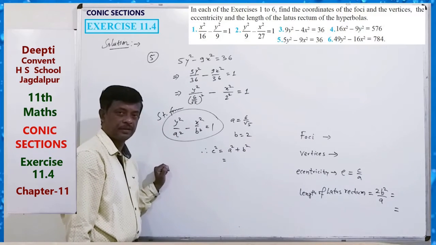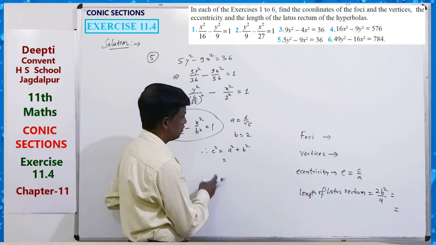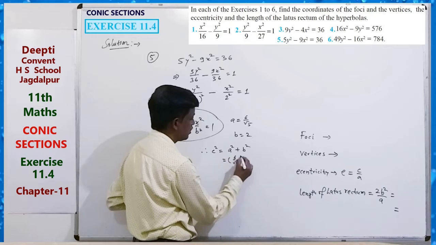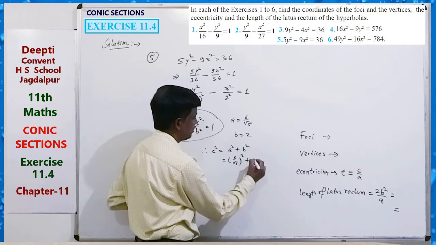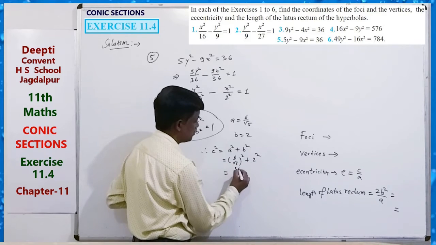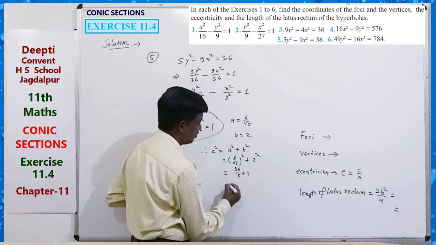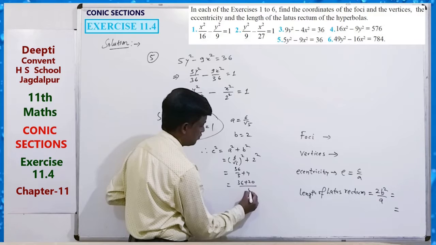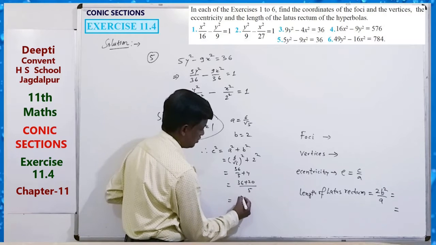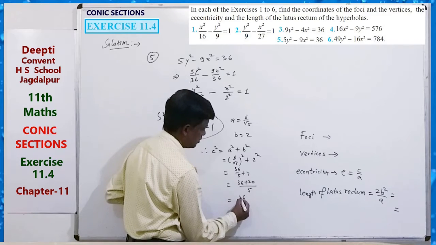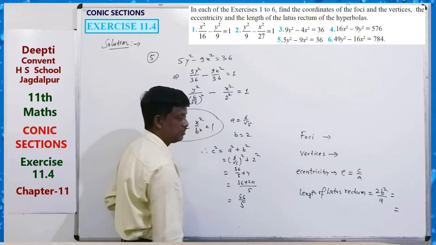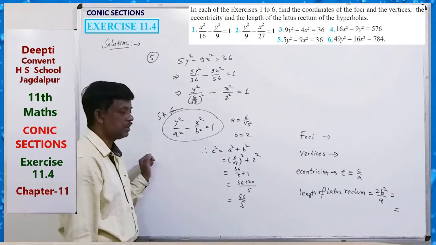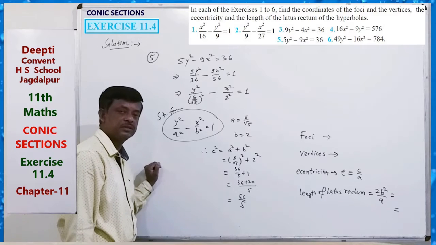So we can find the value of c: (6 by root 5) square plus 2 square, so 36 by 5 plus 4, that is 36 plus 20 by 5, 56 by 5.